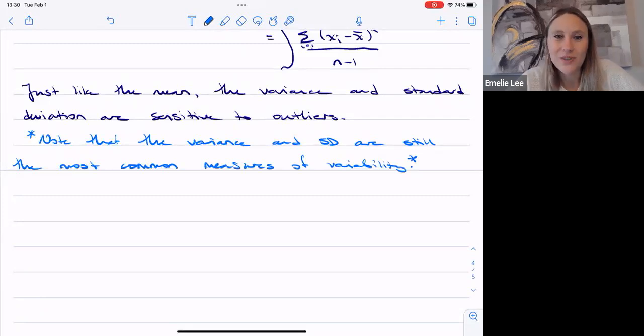So they're still the most common, but they do react to outliers, right? They're going to be kind of swayed by outliers.